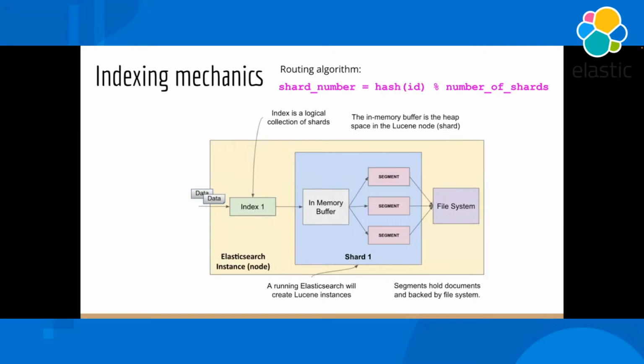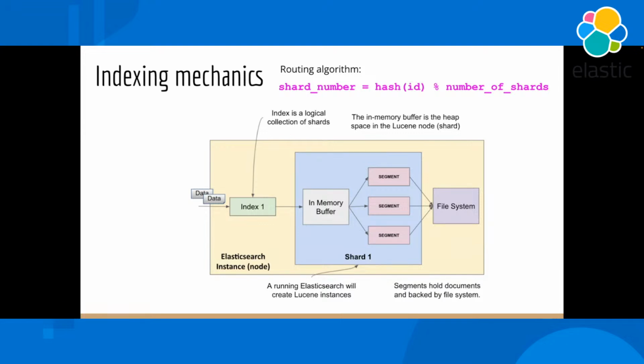Inside the shard, remember, a shard is nothing but your Apache Lucene active instance, where initially the data is going to be copied into an in-memory buffer. That's basically your space in your system. When a refresh happens, the documents are moved from the in-memory buffer into segments, and then all the segments will be merged, and I'm going to show you in a second on the next slide.